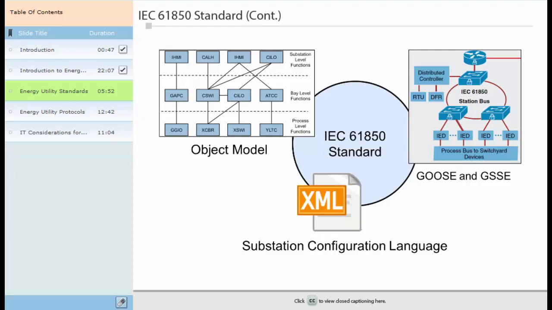A specification of the communications between the IEDs and the substation automation system. The standard leverages generic substation events, GSEs, for providing a fast and reliable method to transfer event data over the substation network. GSE is further subdivided into generic object-oriented substation events, or GOOSE, and generic substation state events, GSSE.